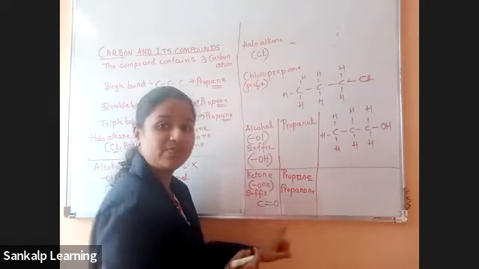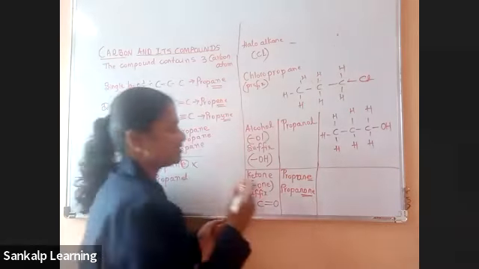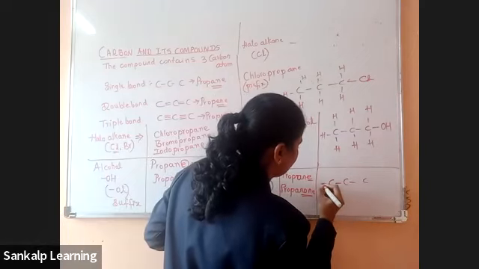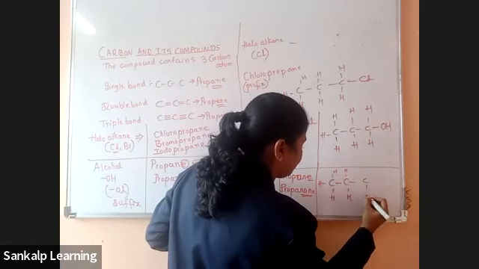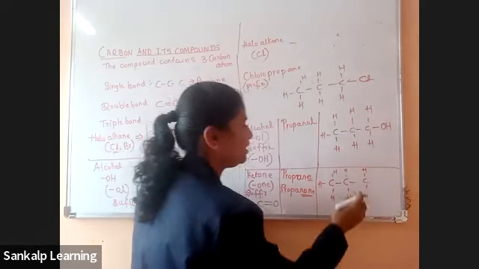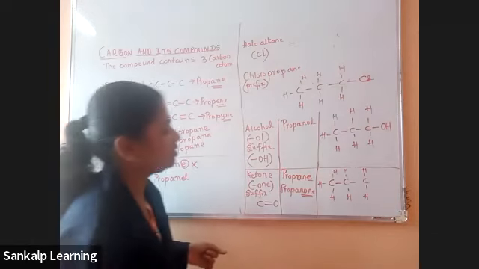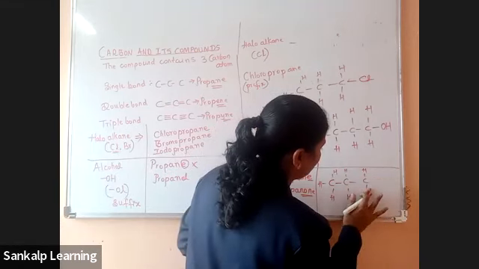E will be displaced by ONE suffix. Similarly, the structural formula H, this will be same. And here, one hydrogen atom is displaced by a ketone. So here we can write C double bond O. Let me write.